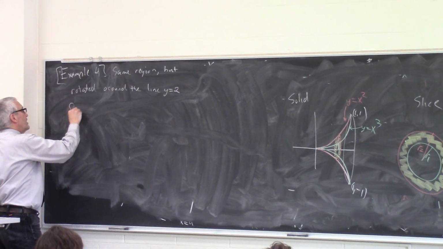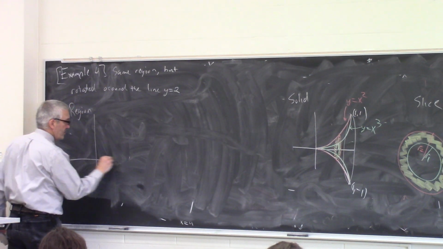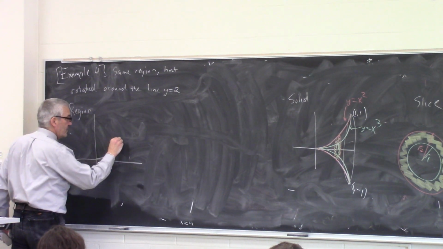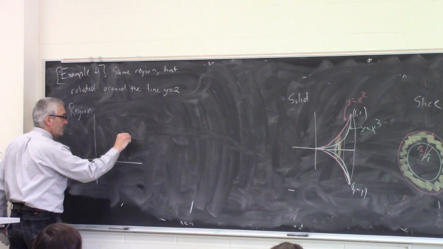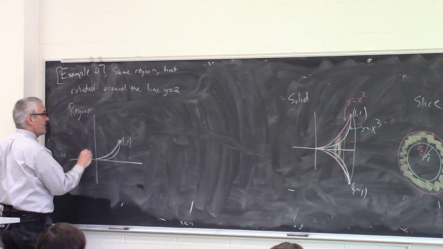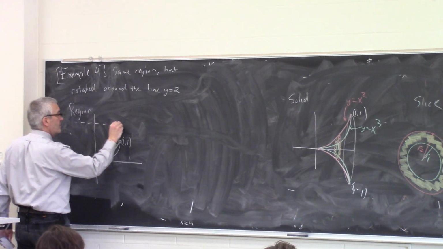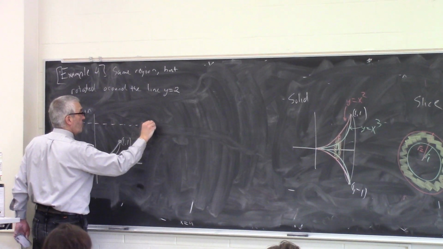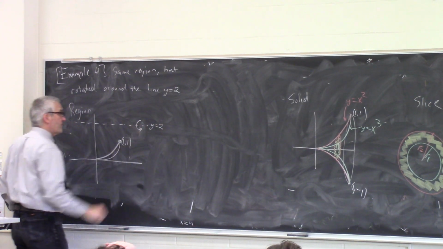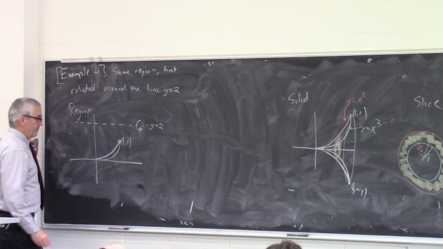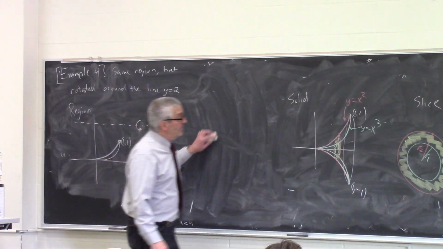So I'm going to draw the region again, just because I'm going to need more space. So there's my region. And then I need to be able to draw the line y equals 2 to convey that I'm rotating it around that. So that's the region.